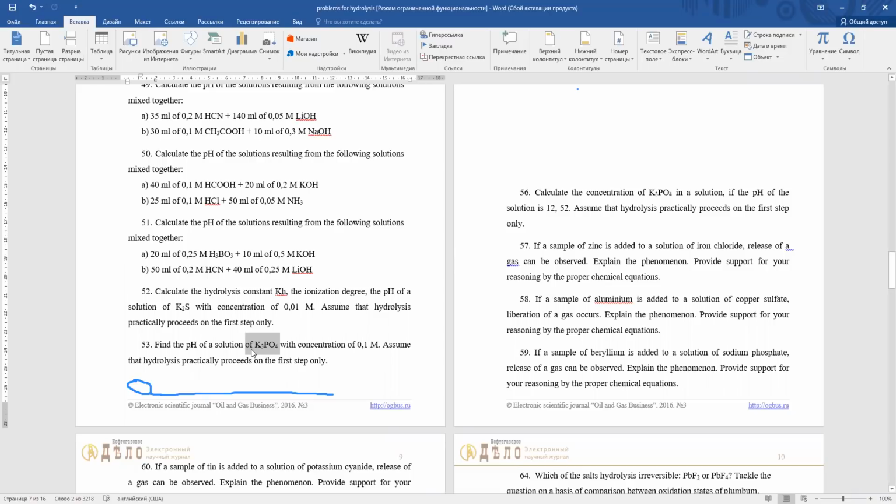The stepwise character of hydrolysis can be relevant to the acids containing multiple hydrogens, and also the salts which were formed by the multiple hydrogen containing acids. Is that clear?